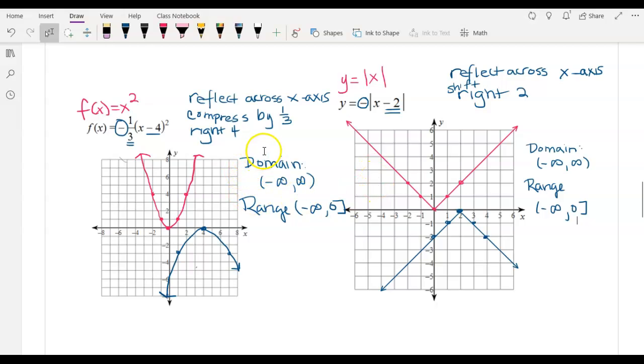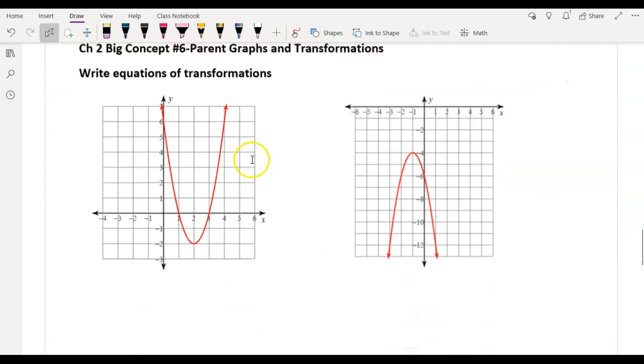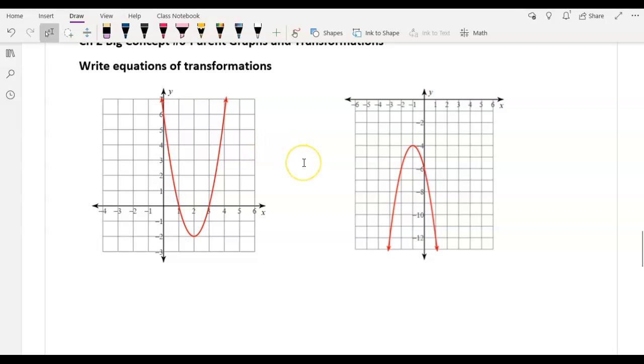All right, so now we're going to work backwards. We're going to start with the transformation, and you're going to have to tell what the equation is. So here, if this is a parabola, what is our parent function going to be?